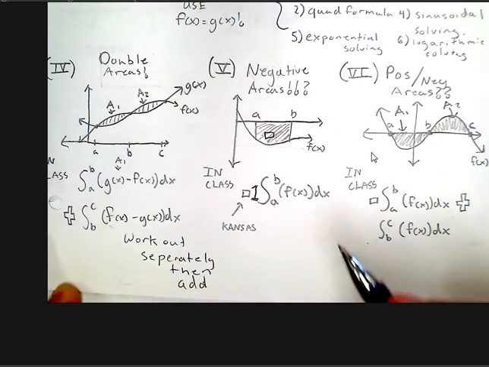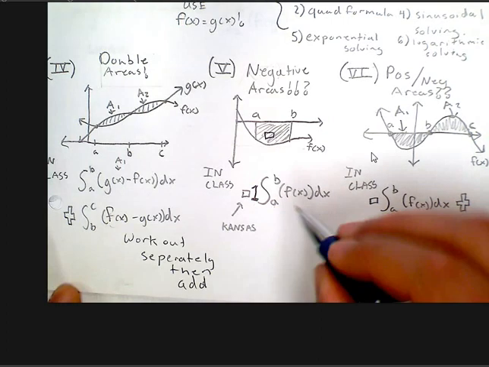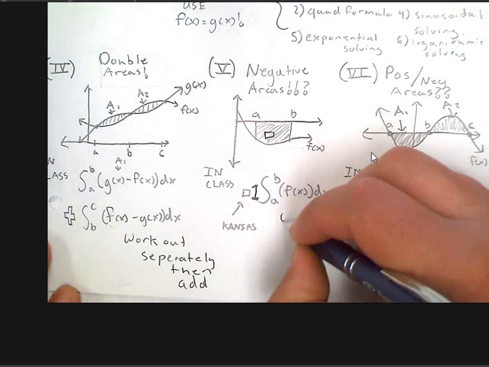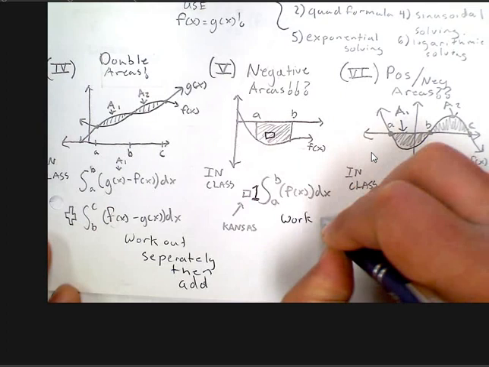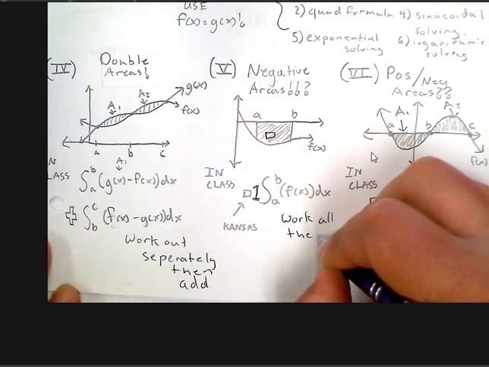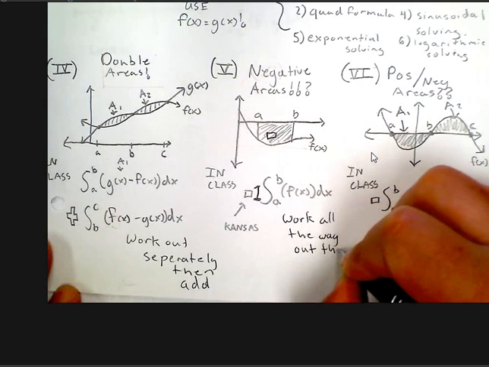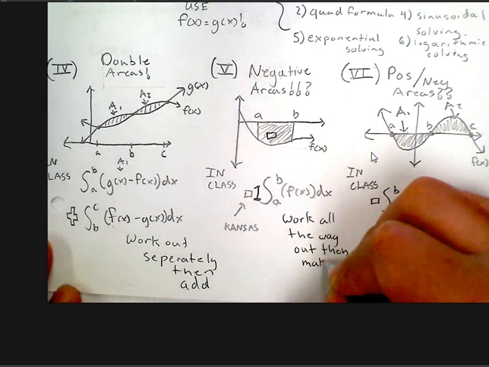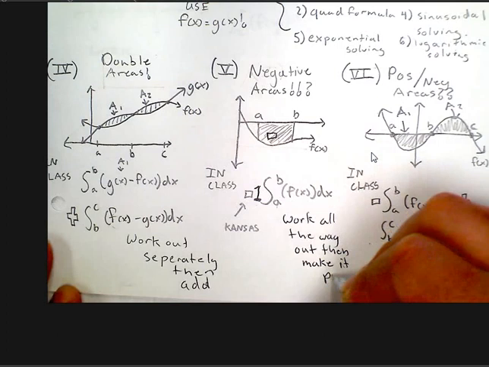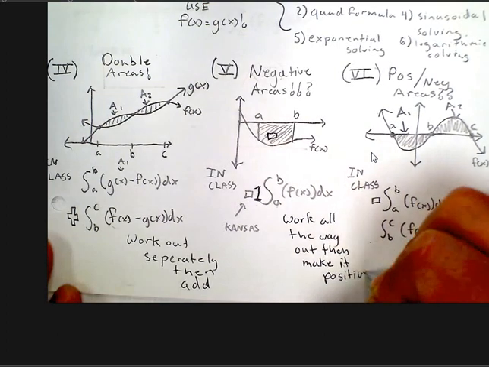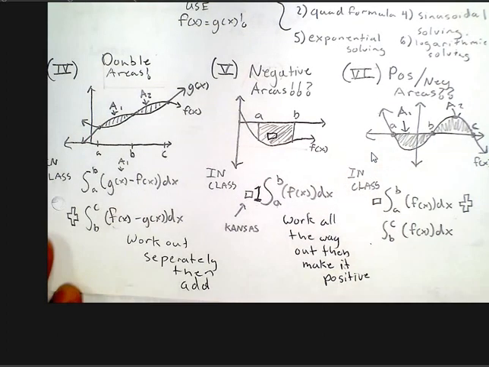So work the entire integral all the way out first, then make it positive. This multiplying by -1 should make your answer positive.